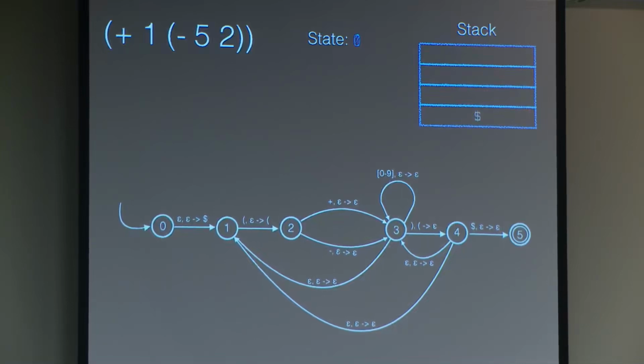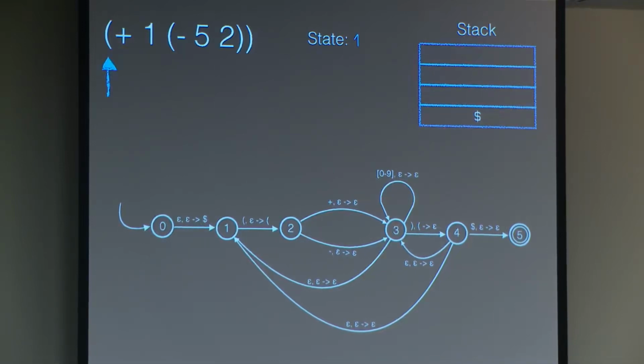We come in, and we are going to push this $ sign onto the stack. We're not looking for anything on the stack. We're just going to push it there. And that's our end of string marker. It's how we know when we got to the end. When we get all the way down the stack and we see that, we know that we're at the end. And if we're not at an accepting state, we know it's broken. We know it's bad data.